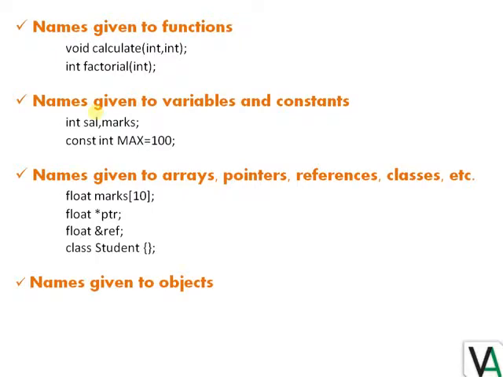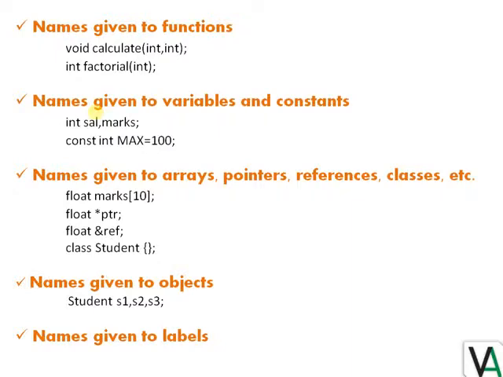Next we have the names given to the objects. Whenever we declare objects of any particular class to access the data members and member functions of that class, the name we give to the object is also an identifier. Names given to the labels.